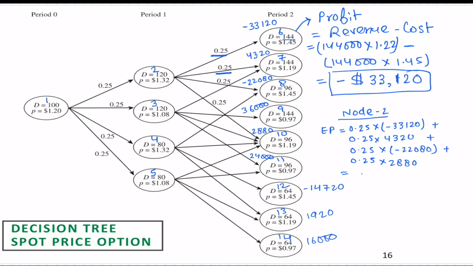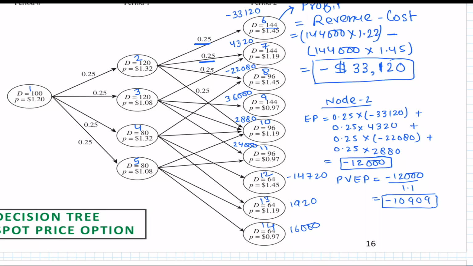So this gives us negative 12,000. And then we calculate the present value of this expected profit, where we make use of the discount factor.